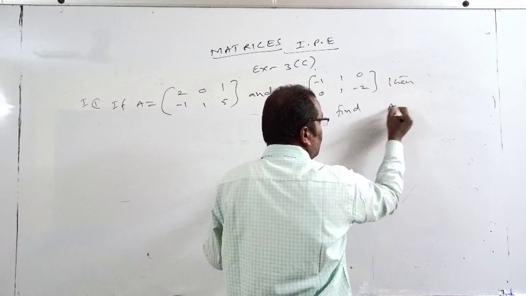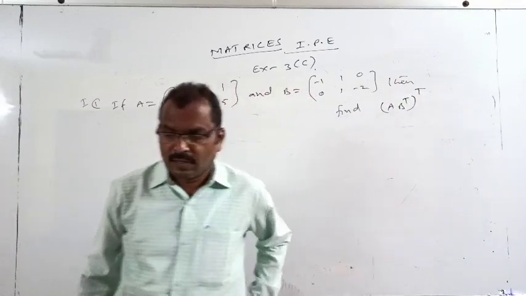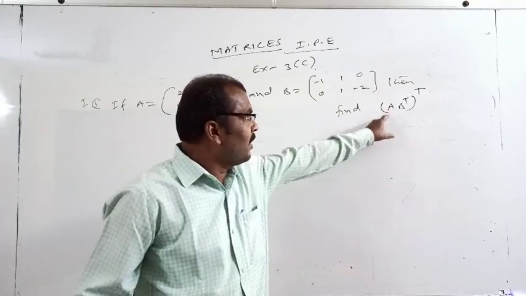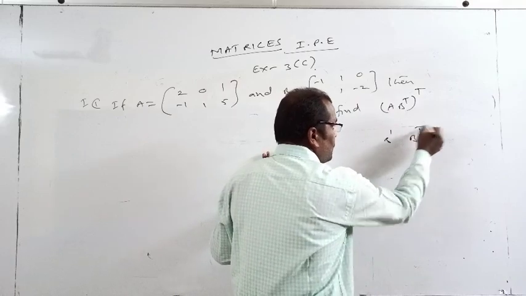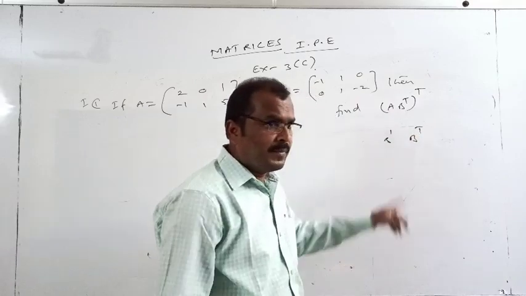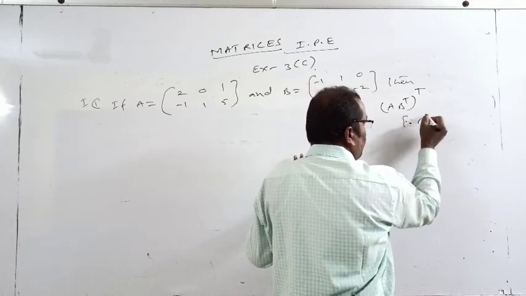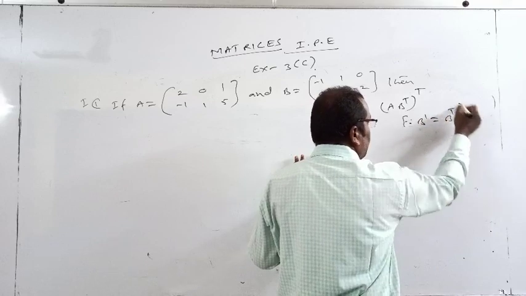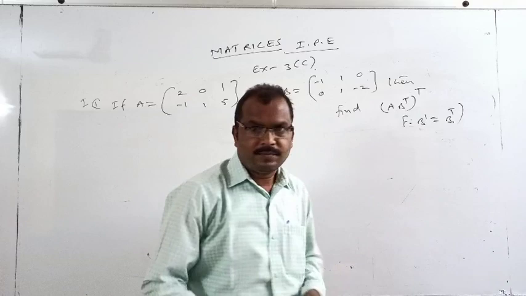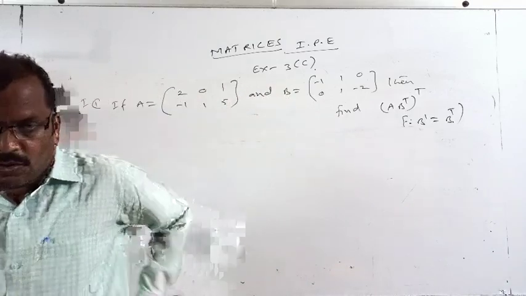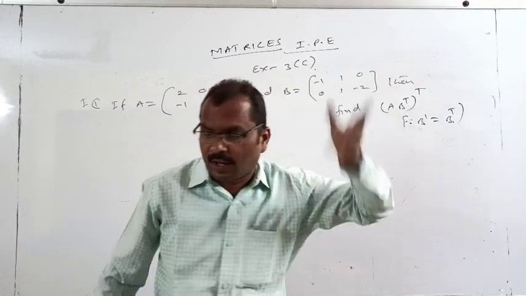See this one, (AB) transpose and A transpose. You may use this notation or this notation, both are the same. So don't get confused here. B dash is the same as B transpose. When you are doing this problem, first you have to prepare B transpose, then the product, and then the transpose.